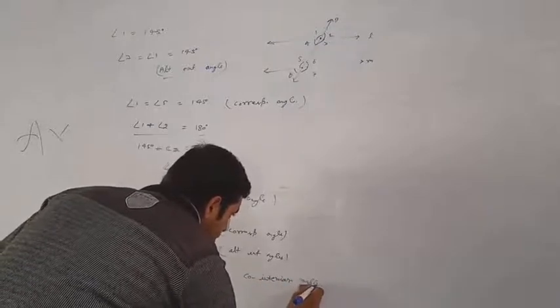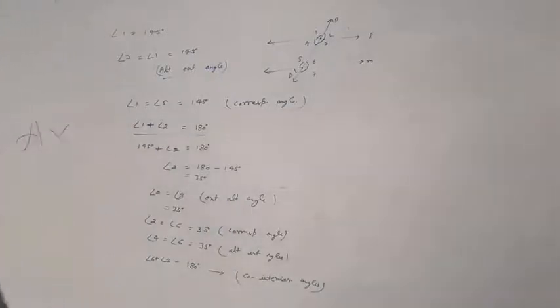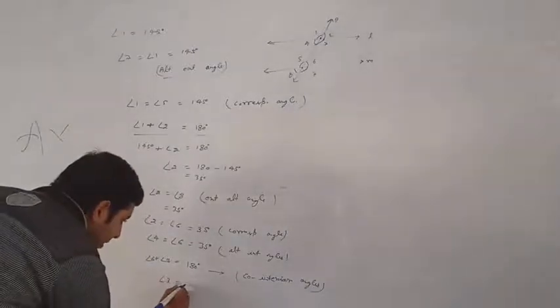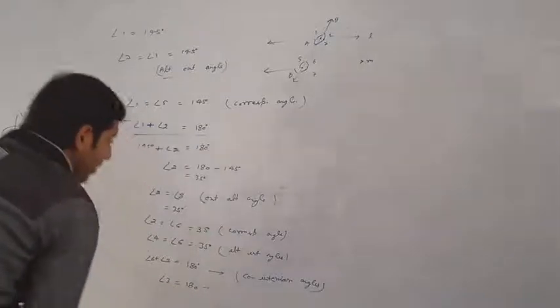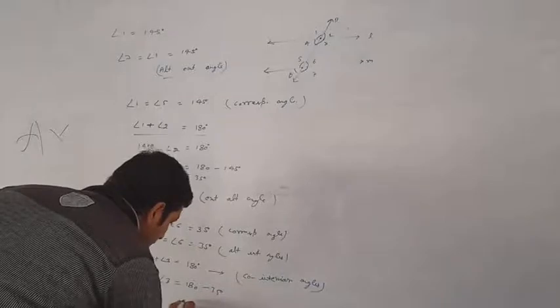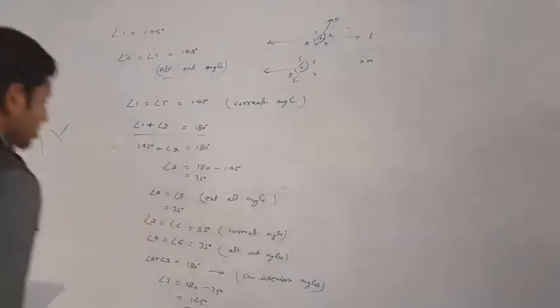So from this we have to find angle 3. Then angle 3 is equal to 180 degrees minus angle 6. Angle 6 is 35 degrees, so angle 3 is 145 degrees. This is your answer.